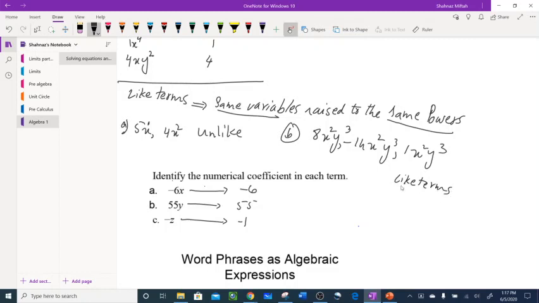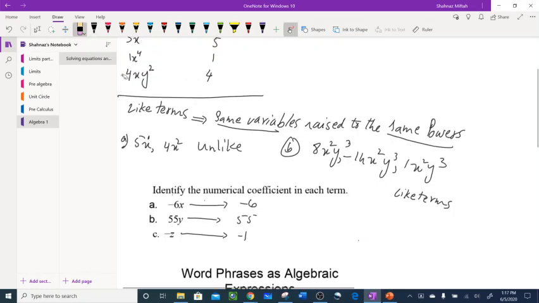Okay. Now, I'm going to do some questions here, combining like terms. Let's use the eraser so I can clean this up.